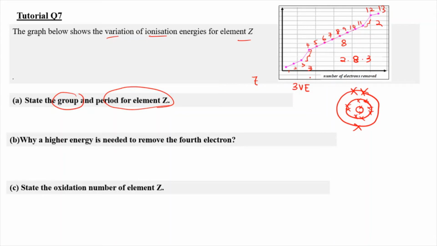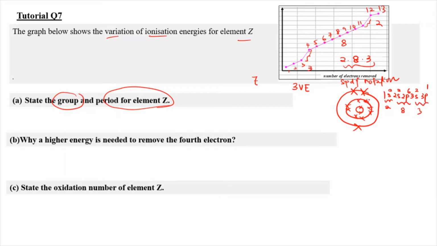We remove the 3 first, then the 8 part, and then the 2 part, which is the last one. But in matriculation, we write it in SPDF notation, which is 1s2, 2s2, 2p6, 3s2, and 3p1. So similarly, it becomes 2, 8, and 3.